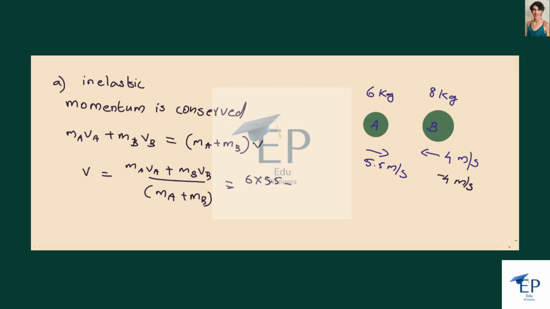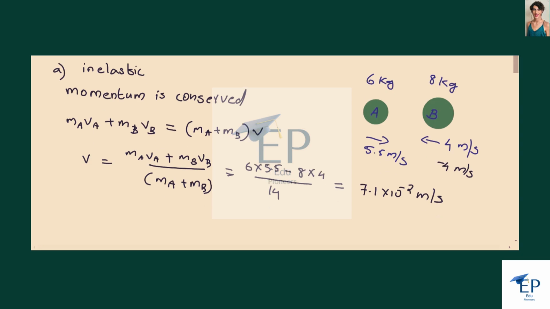So minus 8 into the 4. The minus sign belongs to the 4, divided by total mass is 6 plus 8, which is 14, which is equal to 7.1 into 10 raised to minus 2 meter per second.